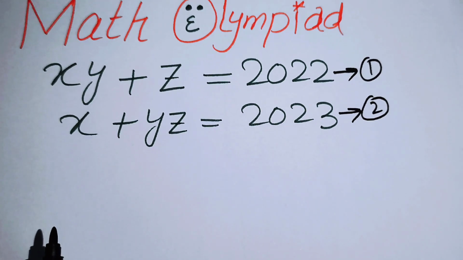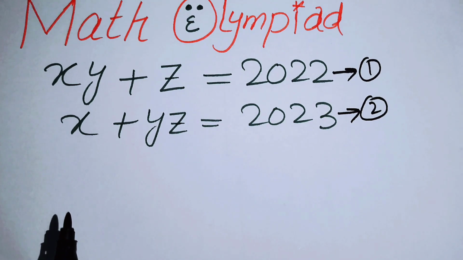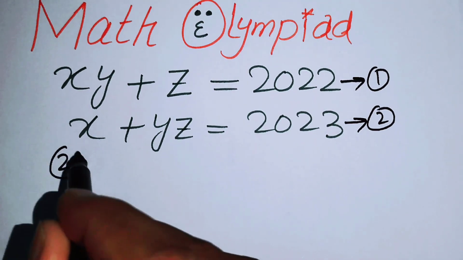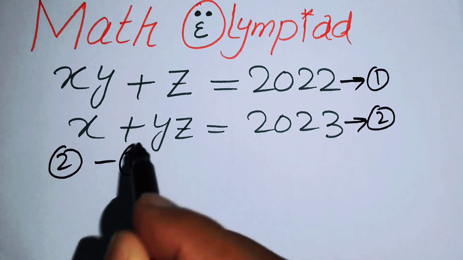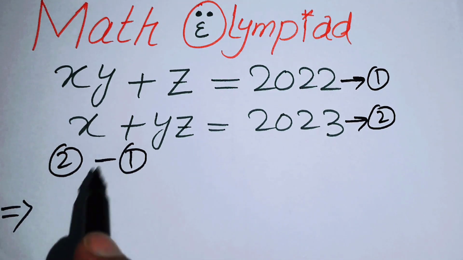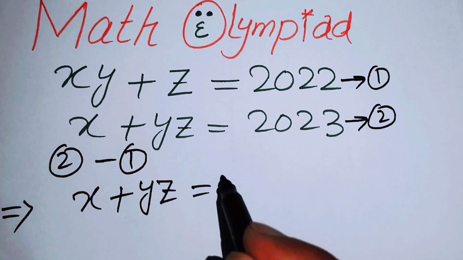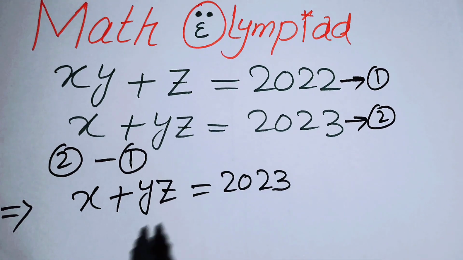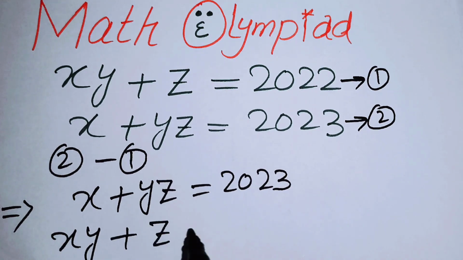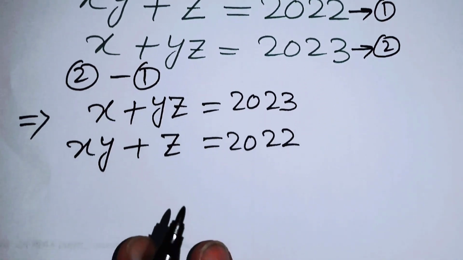The very first thing we are going to do is subtract equation number 2 by equation number 1, so that I can write these two equations in the form of x plus yz is equal to 2023, and our equation number 1 is xy plus z is equal to 2022.